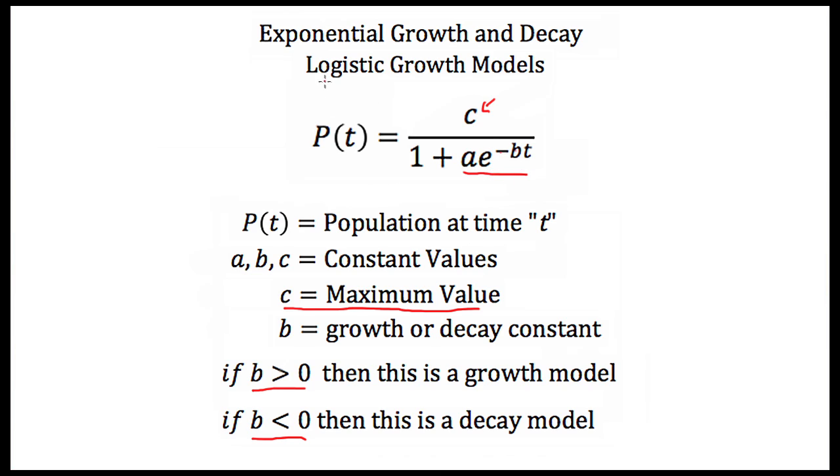As you can see, logistic growth models are very complicated. There are many different constant values that incorporate into making this model. So rarely will you ever be forced to solve for these constant values a, b, and c.